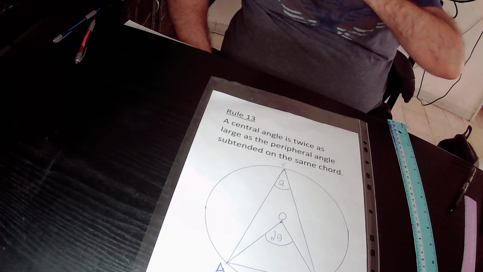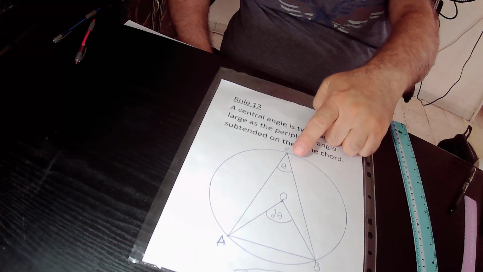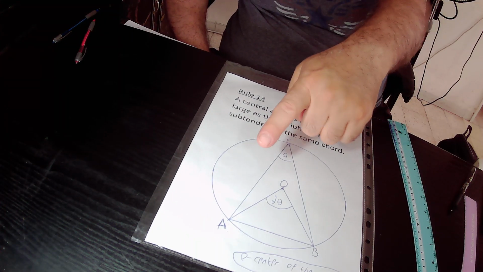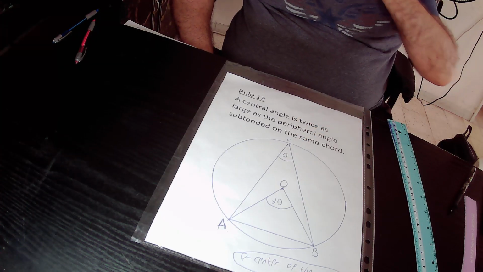So in the drawing we have a circle, and this is peripheral angle ACB, subtended on chord AB, and the size of this peripheral angle ACB is theta.